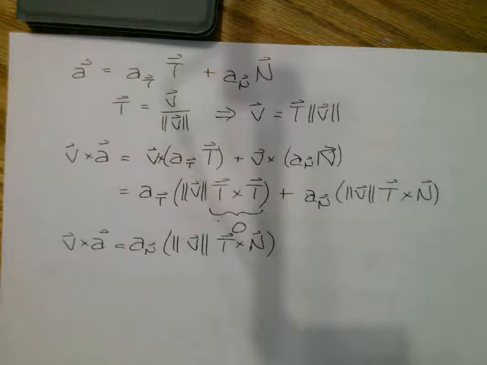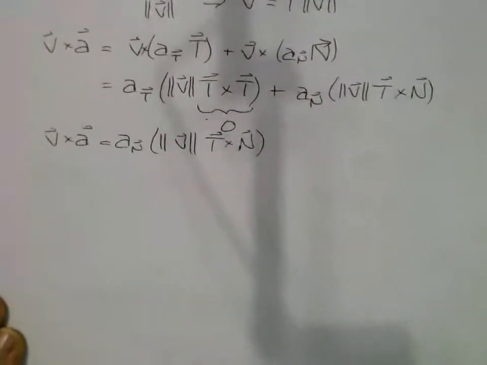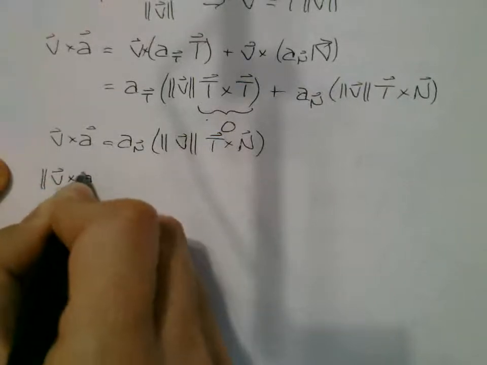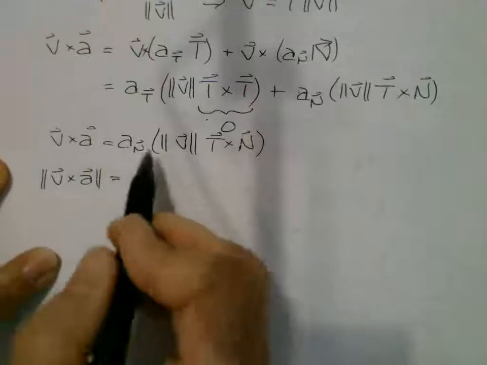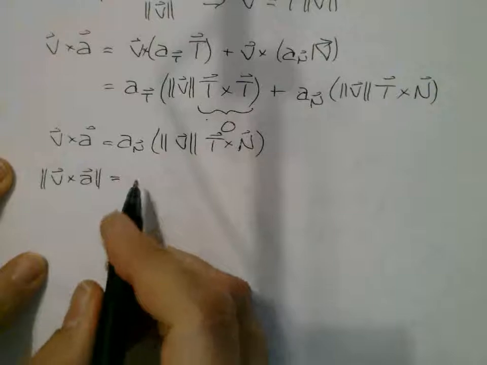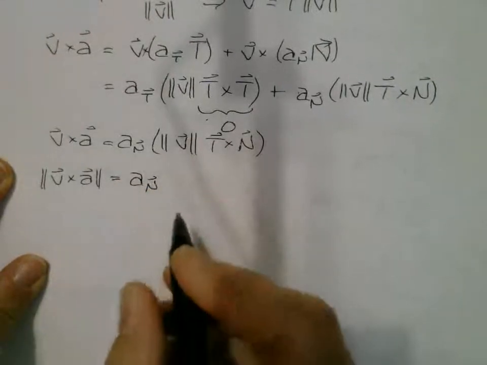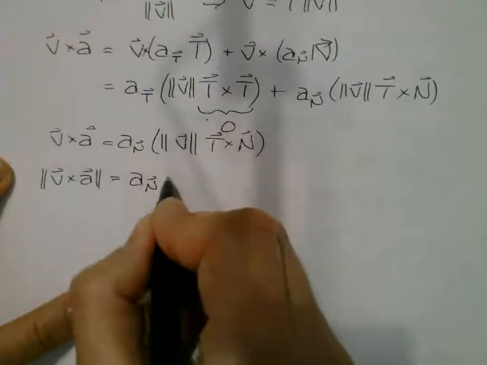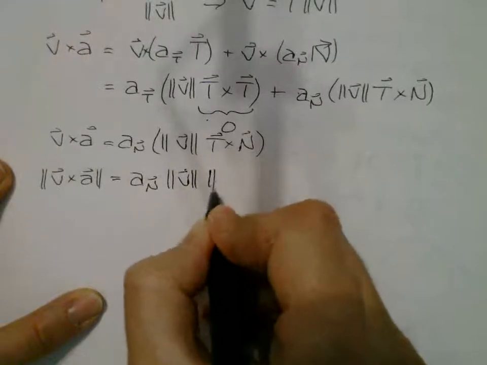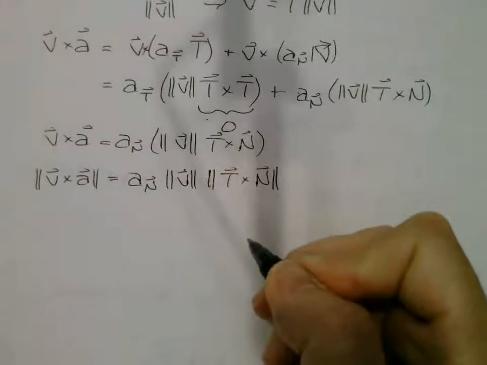Let's find a magnitude. We'll take magnitude on both sides. If my vectors are equal, their magnitudes are also equal. This a_N, the normal component of acceleration, is a scalar, so I'm taking its magnitude as just itself. The magnitude of v is already a magnitude, so I just need the magnitude of T cross N. We have one more piece of good news.